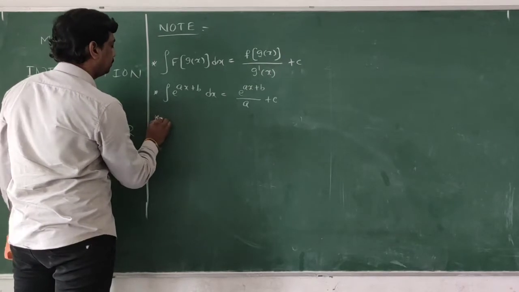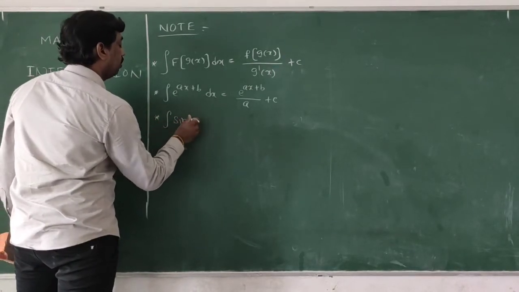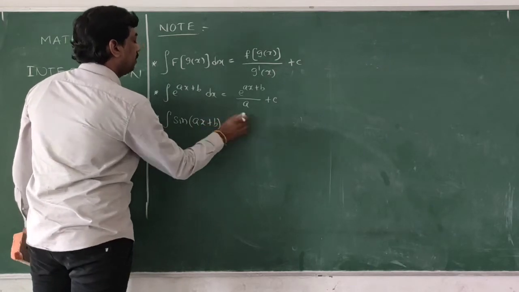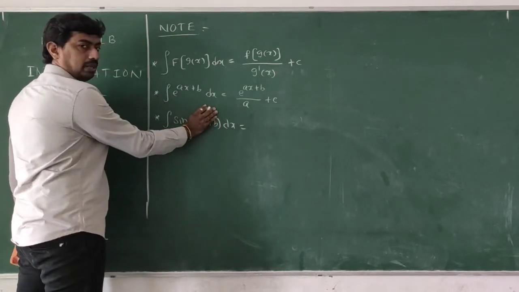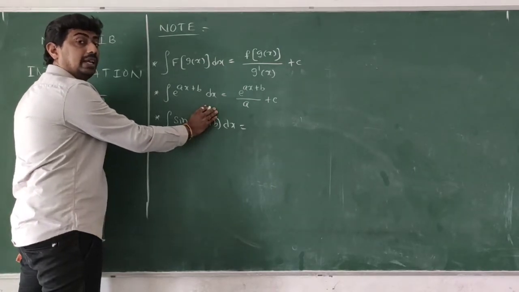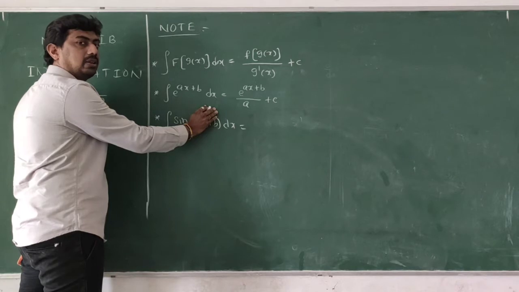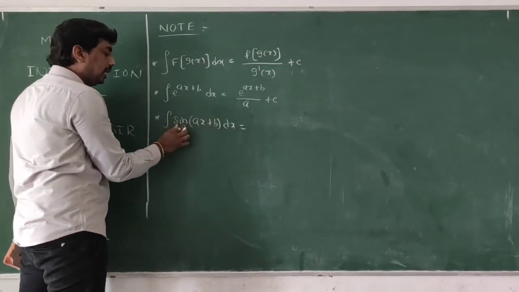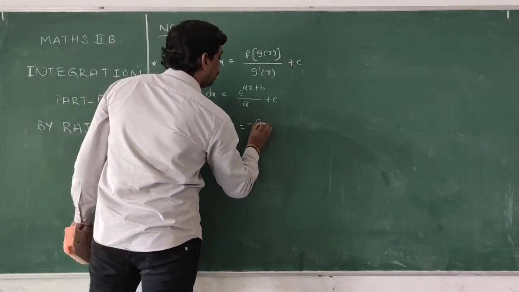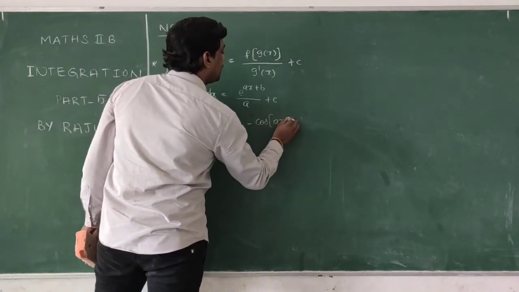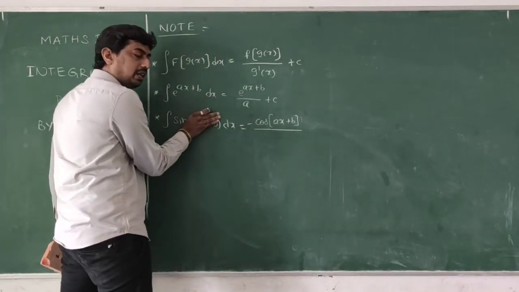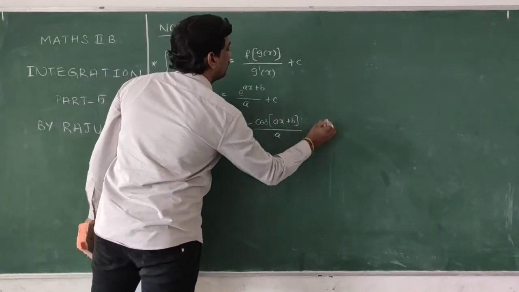In the same way, the integration of sine of ax plus b dx. First, leave this one. This is in the form of the integration of sine x. The integration of sine x is minus cos x. So the integration of sine of ax plus b is minus cos of ax plus b, by the internal function's derivative, which is a, plus c.